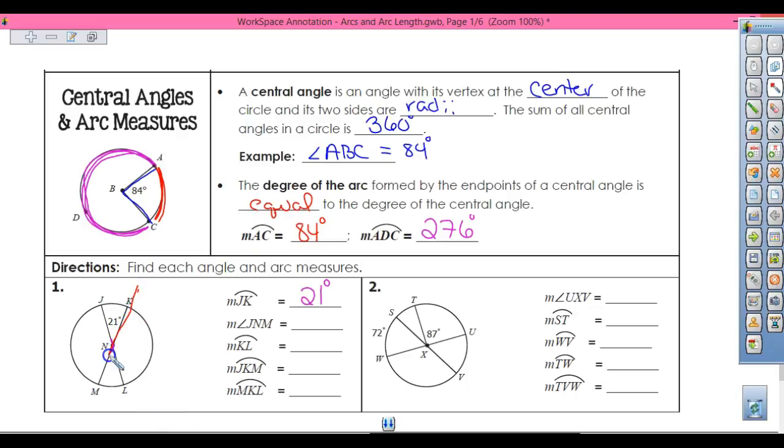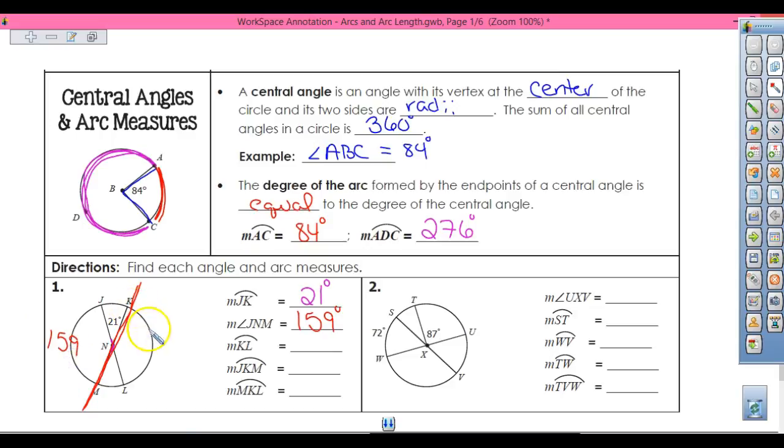This line right here is the diameter. So this is going to equal what? 180, right? But the whole thing for that red line is 180, and we got to subtract that 21 from it, so we get 159. So that goes 159 out here.